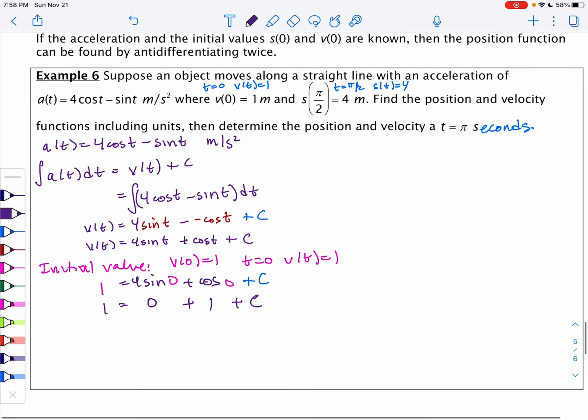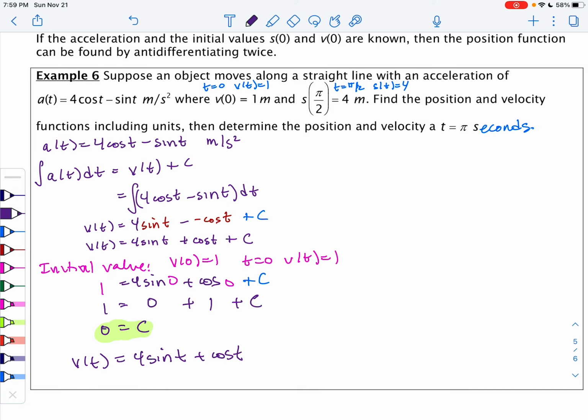And so I see here that 0 is equal to c. So I can determine then that v of t, our velocity, is going to just be 4 sine t plus cosine t. So that is our function for velocity of our object.